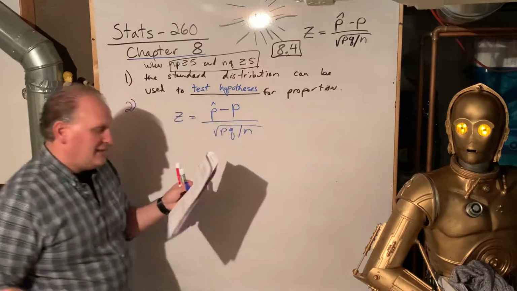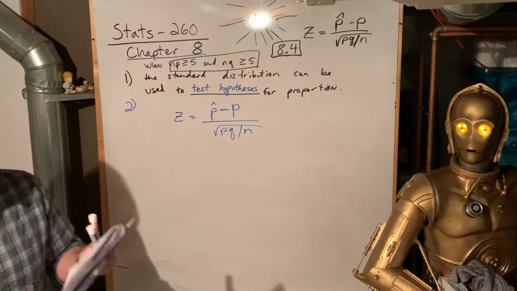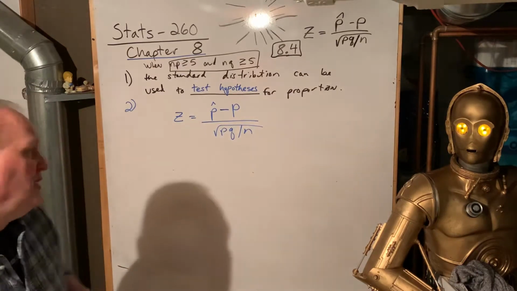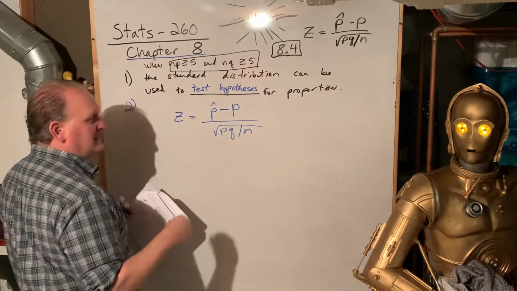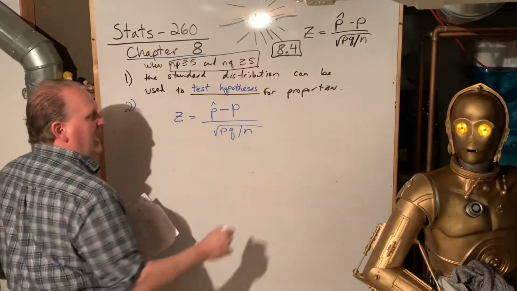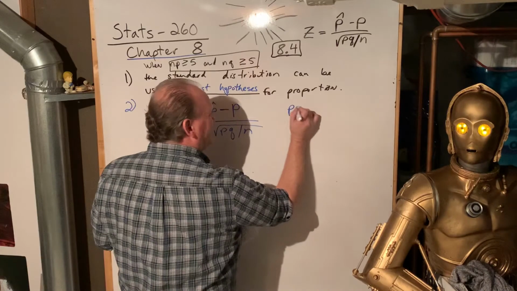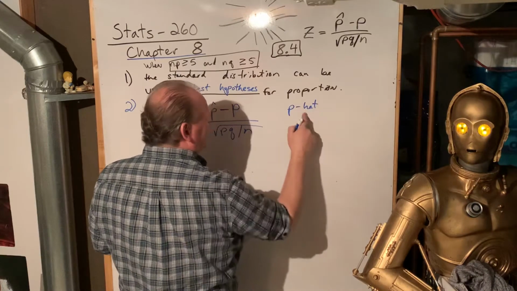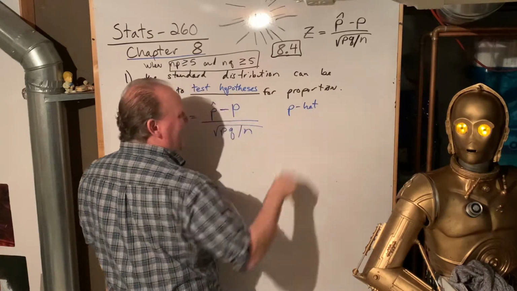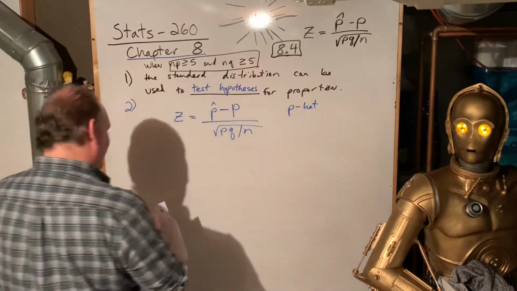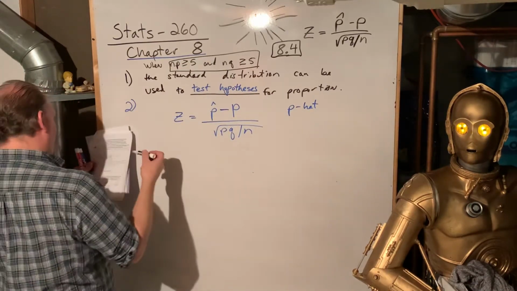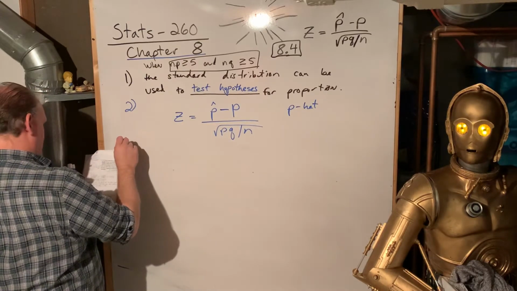In the same way that x bar is the mean of a sample, p hat is the proportion of the given sample. I had a high school student many years ago who just loved this p hat thing. He made a whole t-shirt with hats on top of letters.